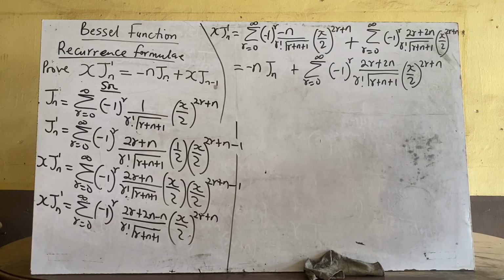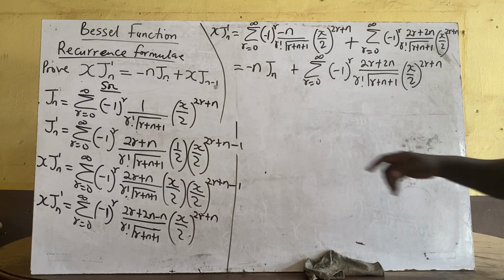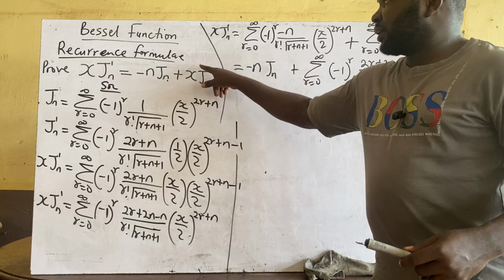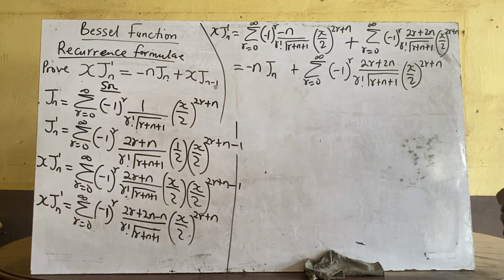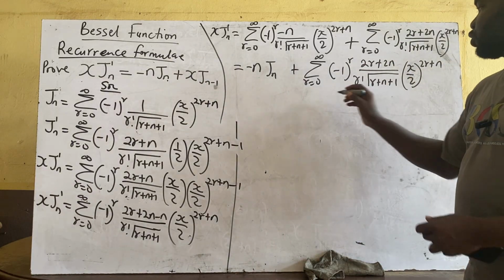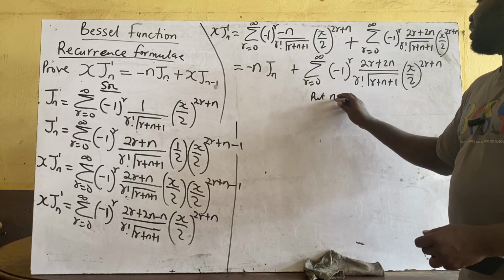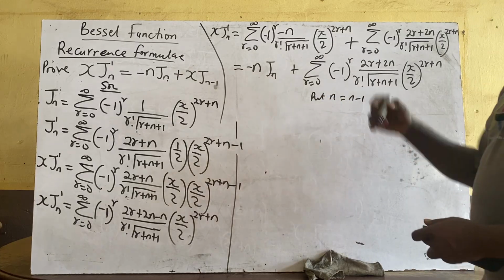So I'm looking for Bessel of j n minus 1. So let me say that in this first summation, we're going to put n to be equal to n minus 1 in this first summation.